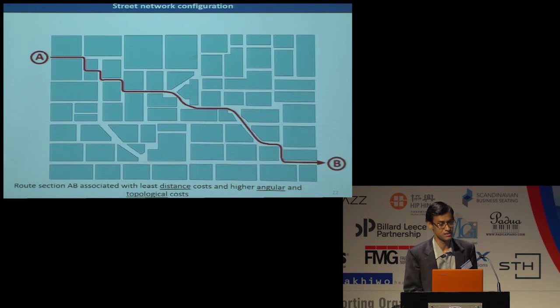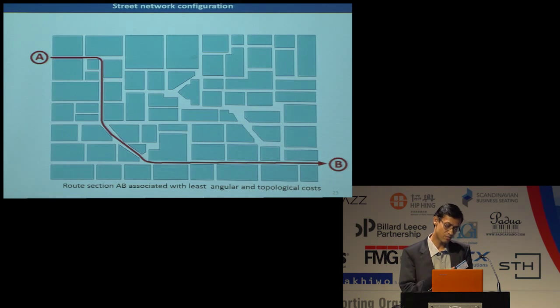The basic tenet is based on the principle that if we have a route A to B with larger angular costs but lower metric cost, versus case 2, the same route A to B, the same origins and destinations, but with lower angular costs and higher metric cost, it has generally been found that the routes associated with lower angular costs are the ones that are going to be taken.